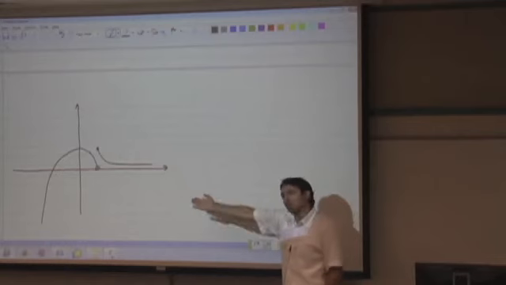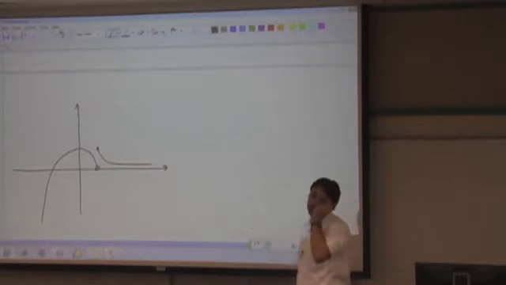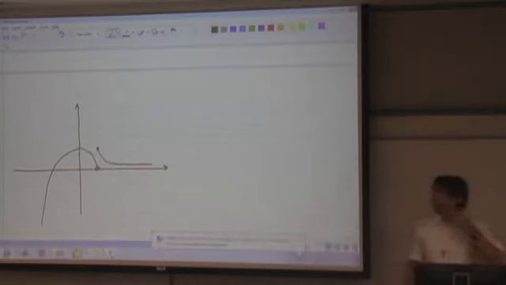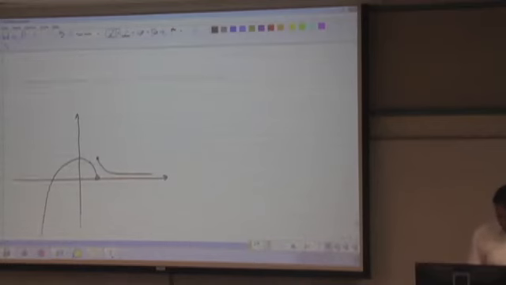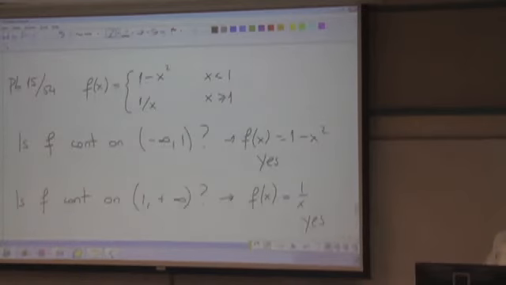So, what should our conclusion be, by the way, about why f is not continuous at 1? They're not going to equal each other. Which one of the 1, 2, or 3 is actually not going to be satisfied? What is f of 1? 1.